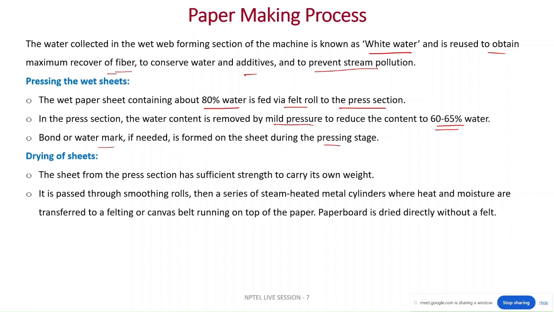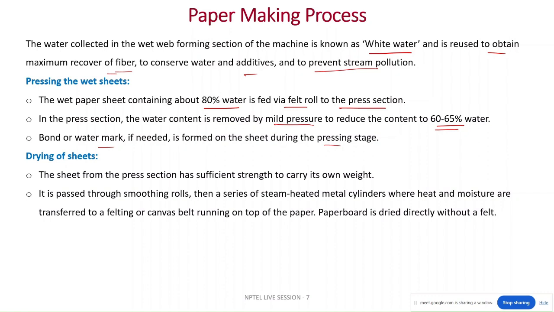It is passed through the smoothing roll, then a series of steam heated metal cylinders where the heat and the moisture are transferred to the felting or the canvas belt running on top of the paper.